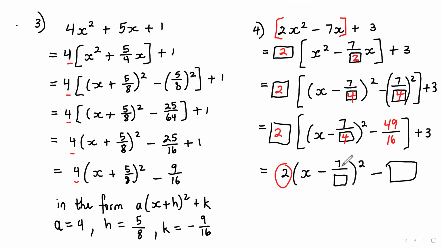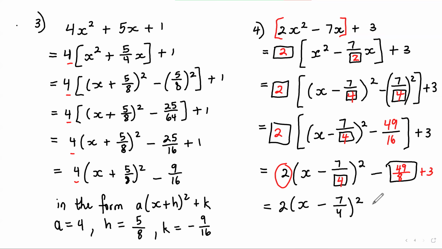And then you remove the brackets. So 2 times x minus 7 over 4 squared. And then you'll have 2 times 49 over 16, which is 49 over 8. Add 3 on the outside. And now you simplify. So this would be 2 by x minus 7 over 4 squared.